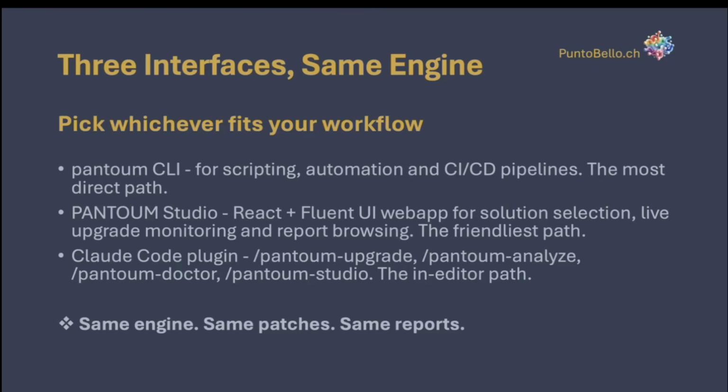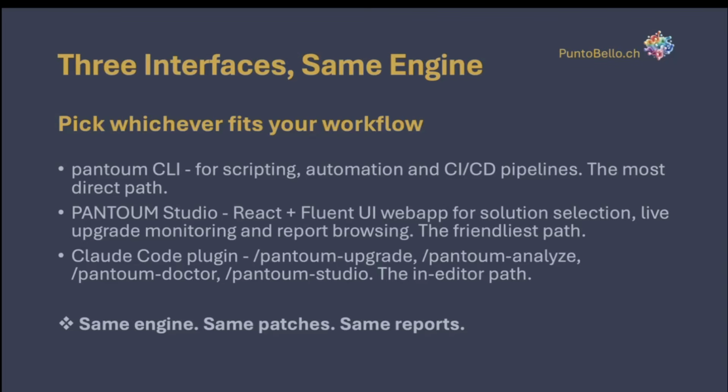How can you use it? So first, it's basically a Node application. So you can use it just in your console, or you can also implement this in a CI/CD pipeline if you want. And then there is the application which I've shown before, which I call Pantoum Studio.